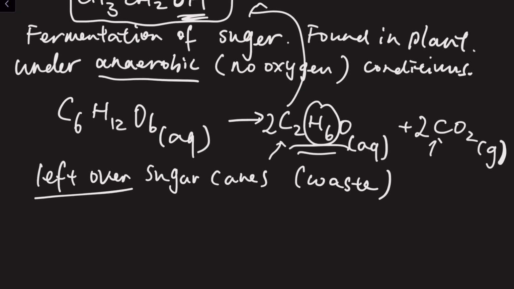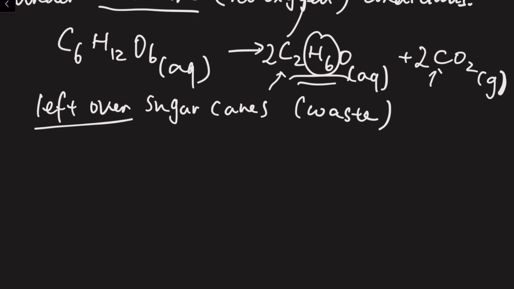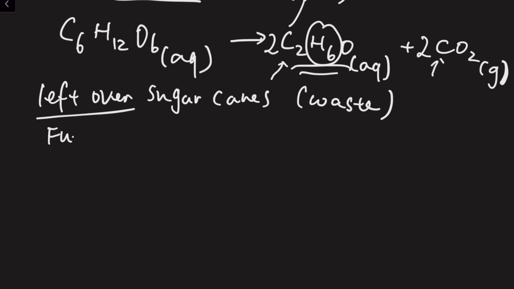So it is a very good thing for the environment. But now, because of the increase in demand for biofuels, we have something called fuel crops that are designed to produce the sugar required to produce ethanol.